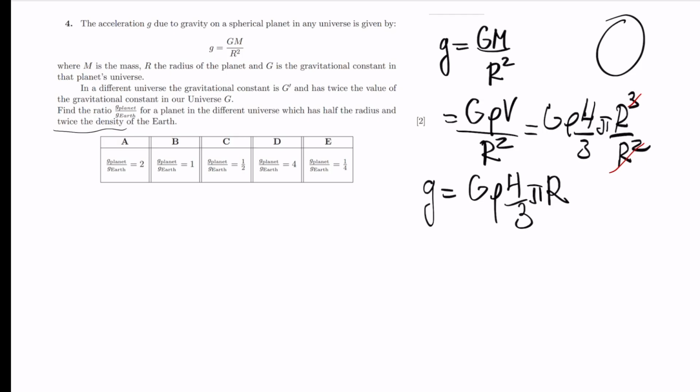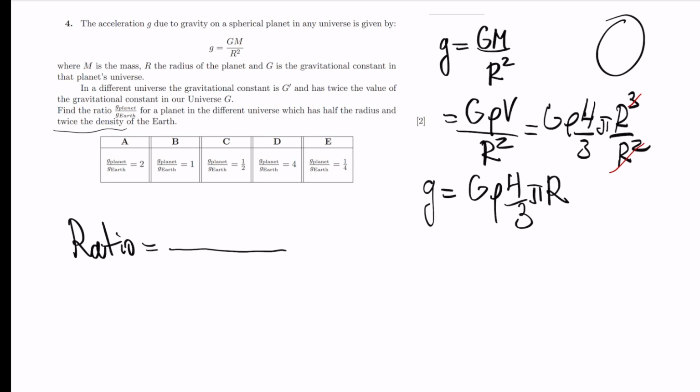Anytime we have a ratio, something will cancel out. You can do this immediately to save time thinking about ratios, but in the video I prefer to show you the more rigorous approach. So the ratio of g of the planet over g on Earth.